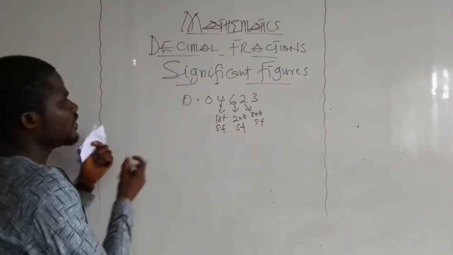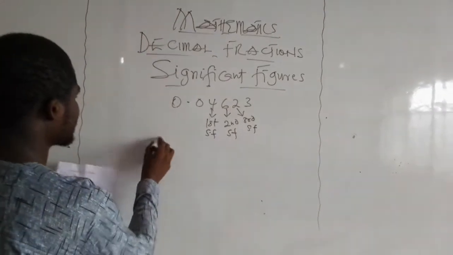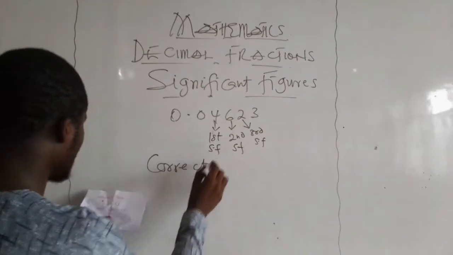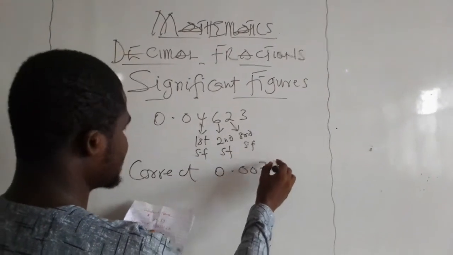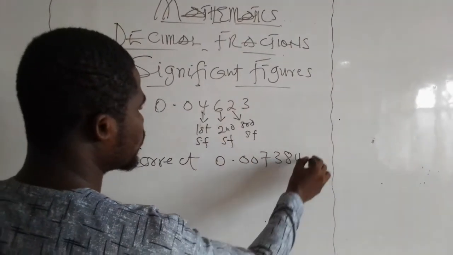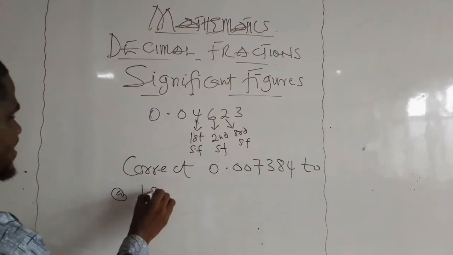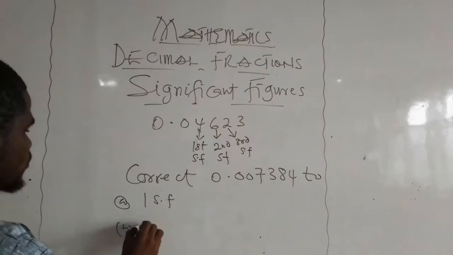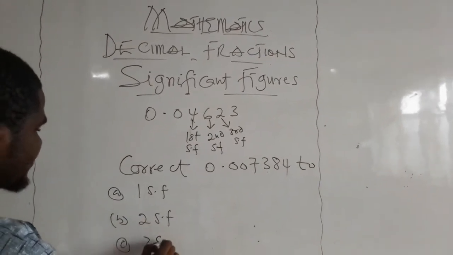So they'll give you an example. Correct 0.007384 to A, 1 SF, B, 2 SF, C, 3 SF.